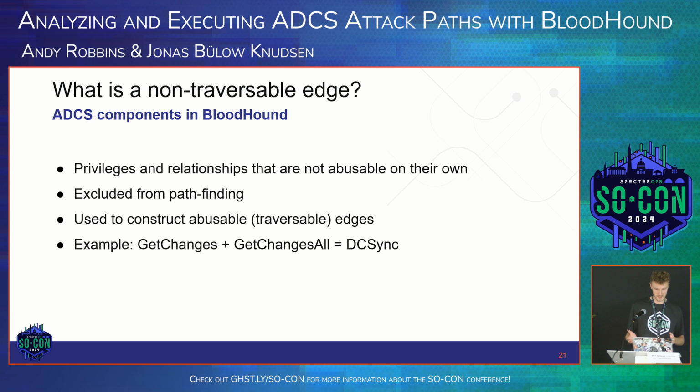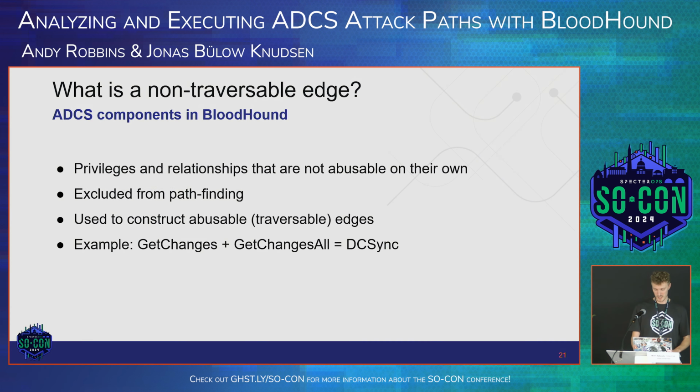The simplest example is probably GetChanges, GetChangesAll and DCSync. A principal can have GetChanges and GetChangesAll on the domain head object. And if you have both of them, that allows you to perform the DCSync attack where you obtain all the password hashes for all the users and computers in the environment, but you need both of them.